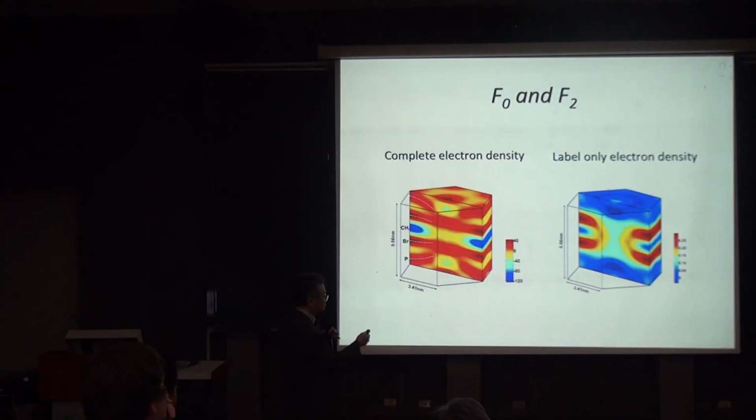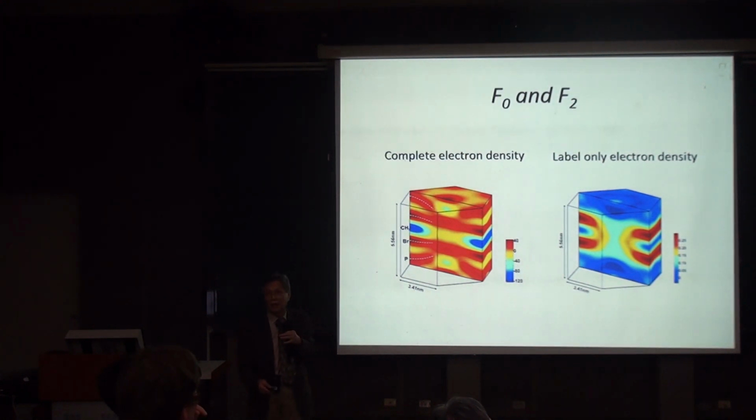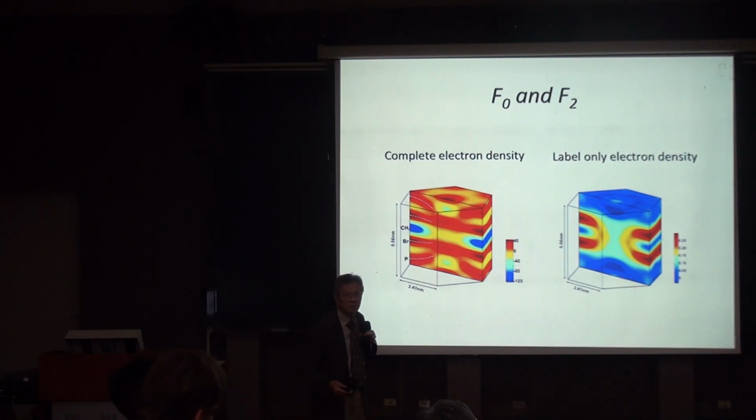But let's say that you have solved F0 and F2. F0 is for the whole system. F2 is only for the anomalous atom, and you will see that in soft matter diffraction, F0 is always not good enough. The number of peaks is just not large enough to resolve the structure of the unit cell. It's a mess. However, F2 is very clear. So the trick is to use F2 to solve the problem.